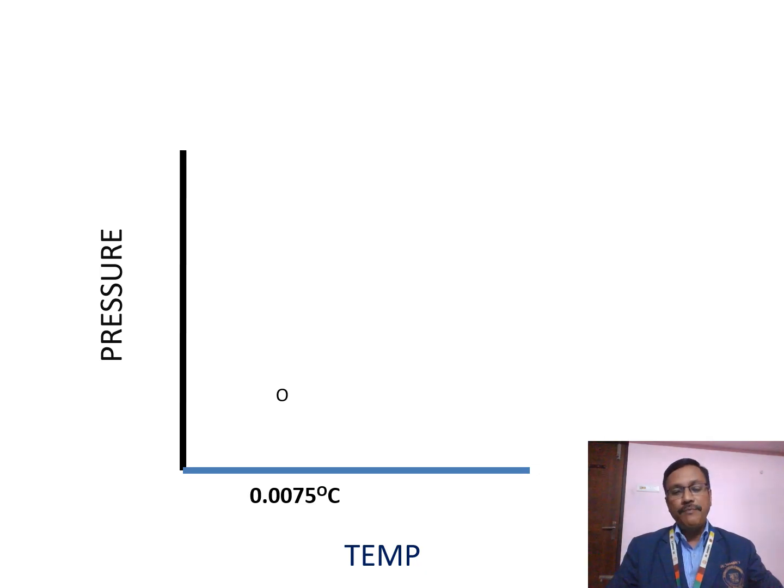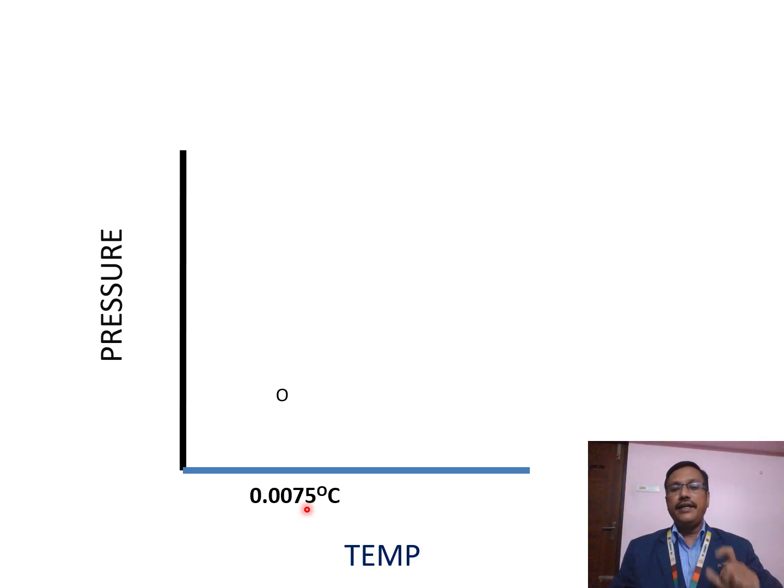Okay. What is the temperature? It will exist in a particular condition, a particular temperature and particular pressure. For triple point, the equilibrium is ice in equilibrium with water in equilibrium with vapor. This is known as triple point.